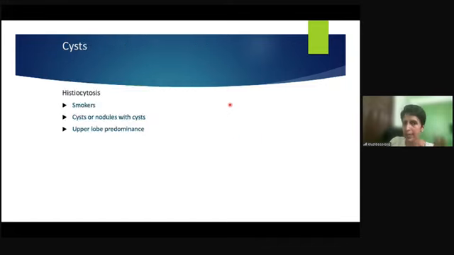How do these appear? When you have cysts of histiocytosis or Langerhans cell histiocytosis, these patients are usually smokers, apart from the pediatric age group where it is a part of the histiocytosis X disease. They may or may not be associated with nodules. They have an upper lobe predilection.